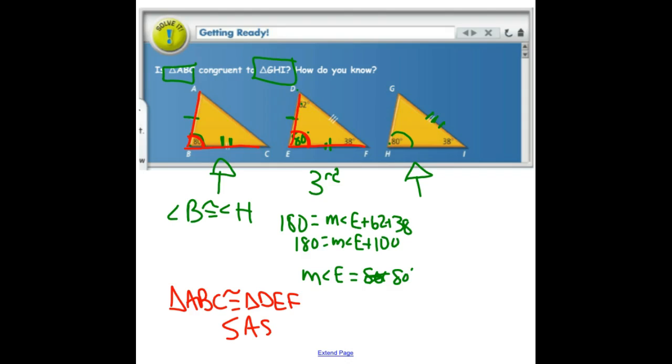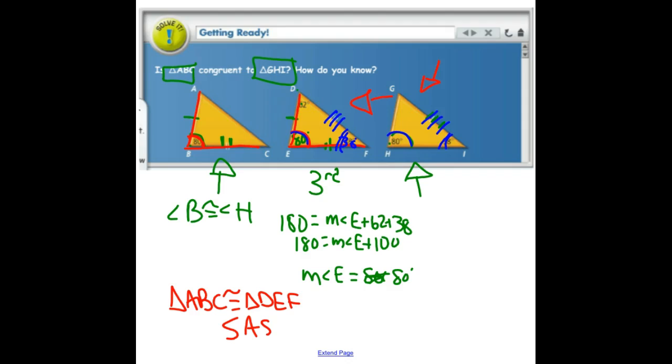But the goal is to see if ABC is congruent to this GHI triangle. So let's see how GHI compares to ABC. They both have an 80-degree angle, and they both have this 3 marker for a side, and they both have this 38 degrees. So there's another angle.